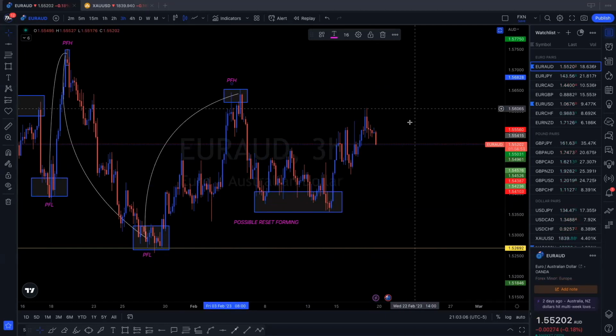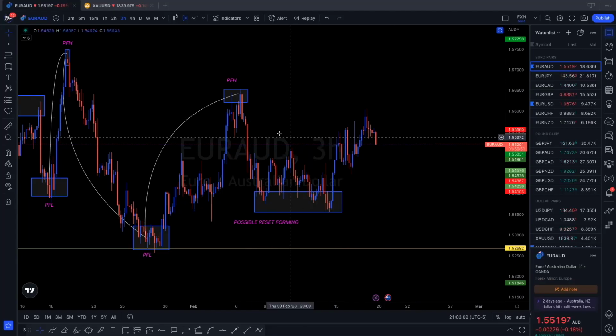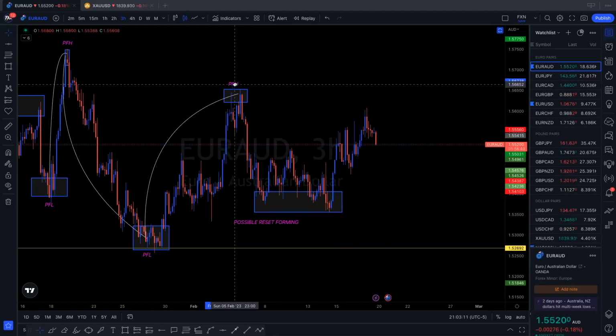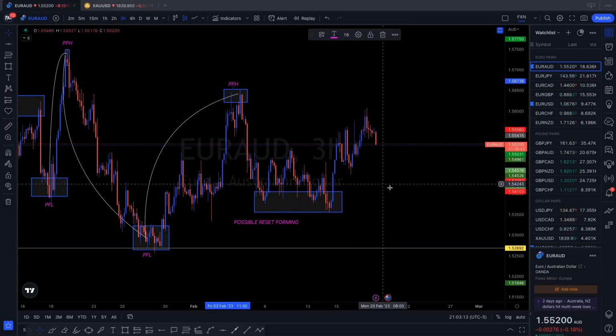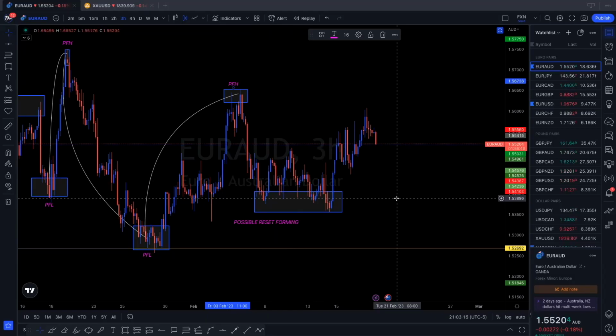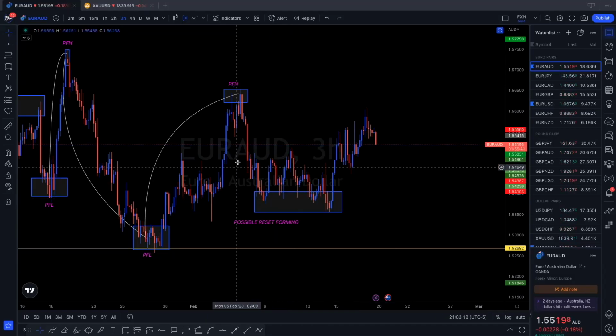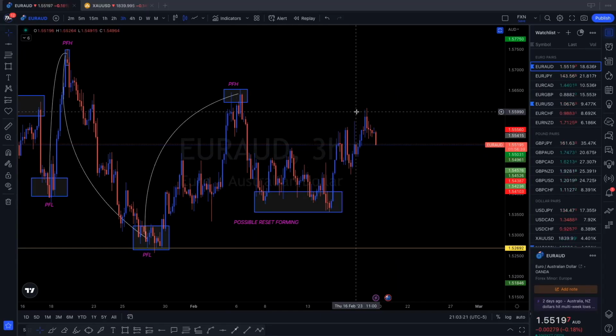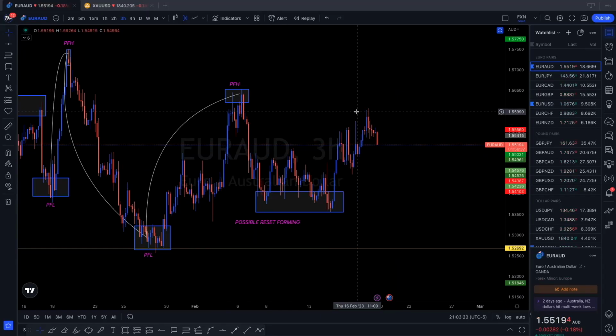If you're coming off a brand new peak formation high, we want to look for sells, but you keep on getting buys. You're like, why the hell am I getting buys? And obviously, you see price come back up again, and that's the first alarm bell or red flag that should go off, of having a possibility of a reset.